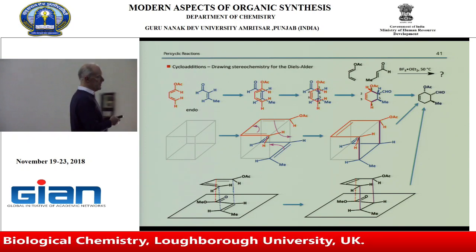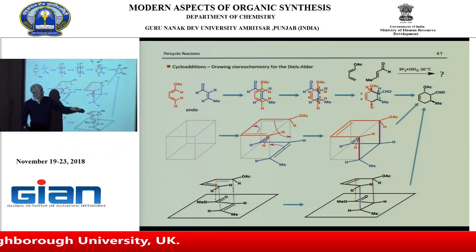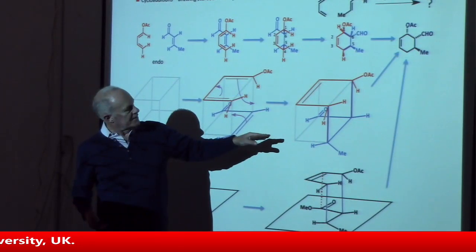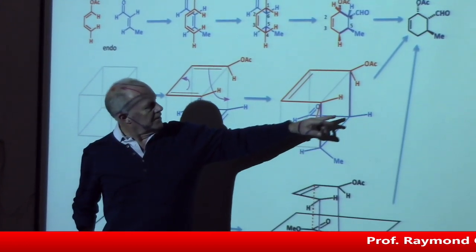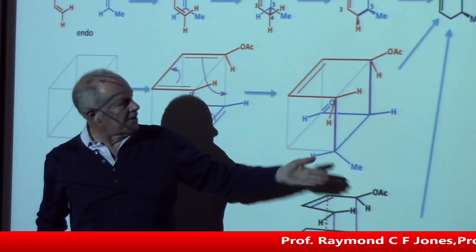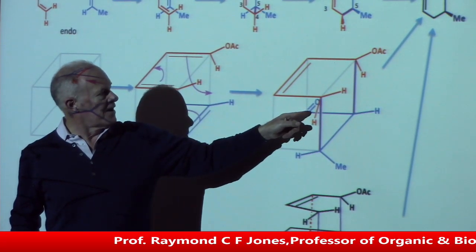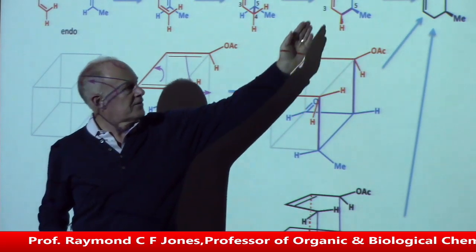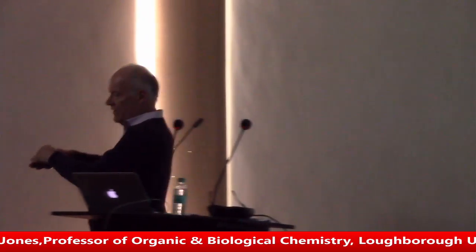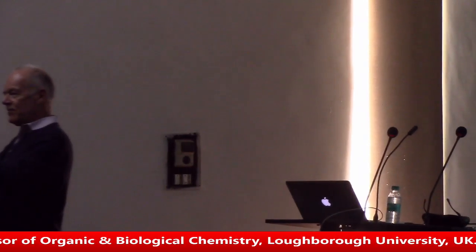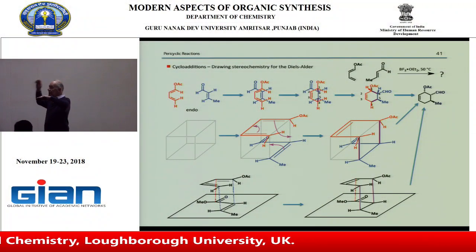So if you imagine taking this folded product and opening it out, this methyl is going to come up, this hydrogen is going to come up, so the aldehyde is going to go down, this hydrogen is going to come up, so the acetate will go down. This is the issue with stereochemistry, 3D drawing in 2D: you have to imagine what would happen when you unfold it, really.